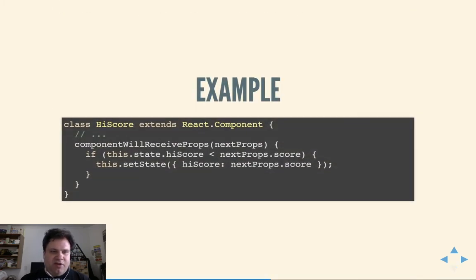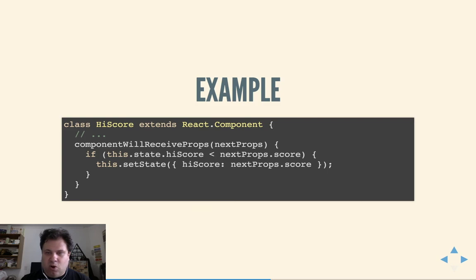So here we have a component that's called HighScore. Imagine we have a game, and we have this component called HighScore that's going to display the highest score that has been achieved in the game so far. So you receive the game's score via a prop. And in componentWillReceiveProps, we get the next props, and we have this logic.